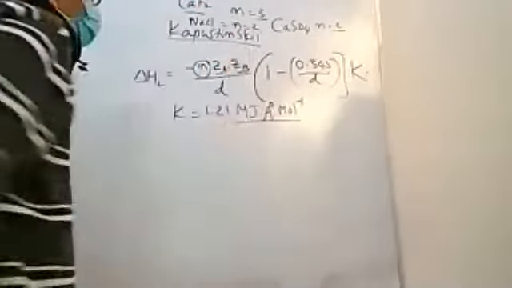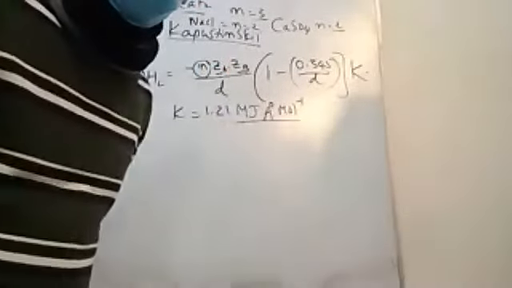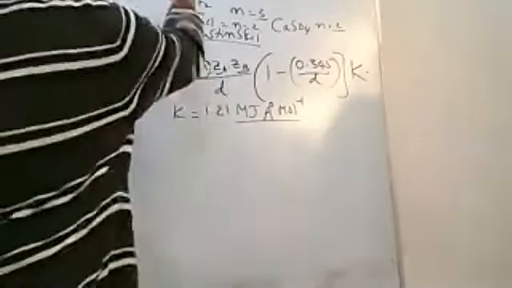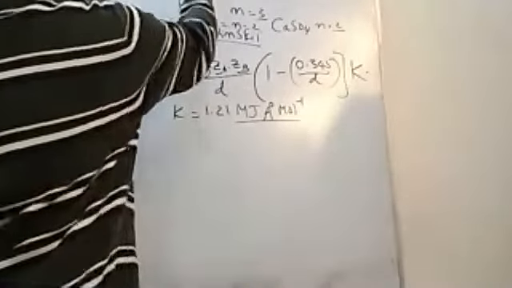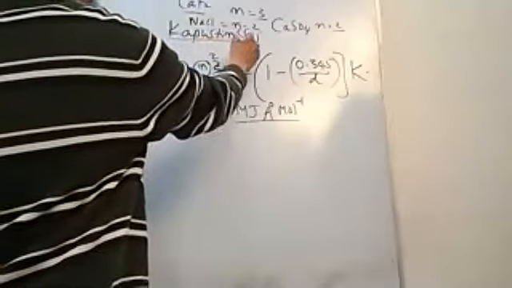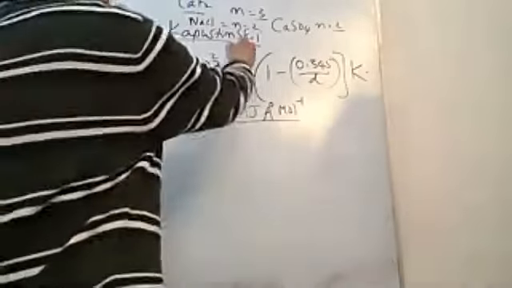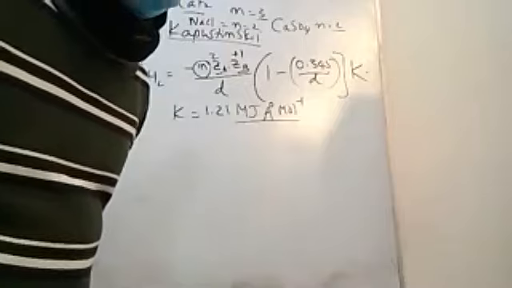So once you know that, ZA and ZB refer to the charges on the cation and the anion. For example, in calcium fluoride, calcium is 2 plus and fluorine is 1 minus. You don't have to put 1 minus there because there's a negative sign already, so you can just put a 1 there.